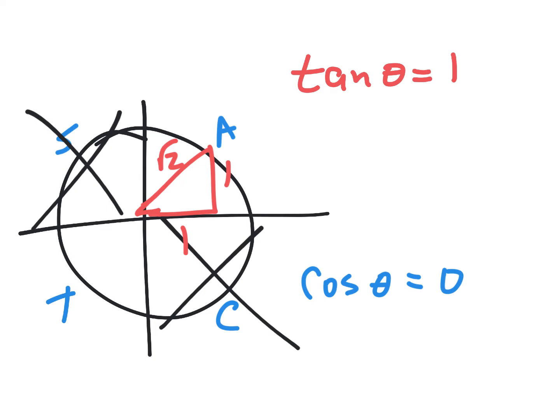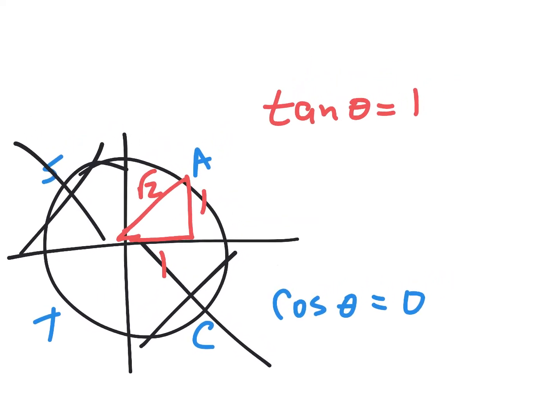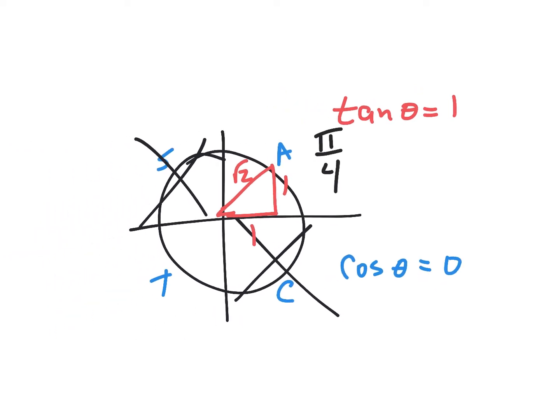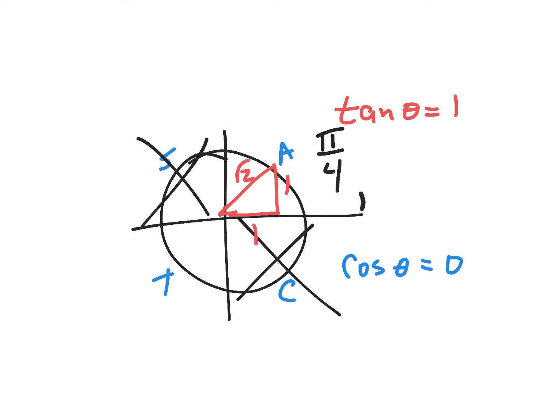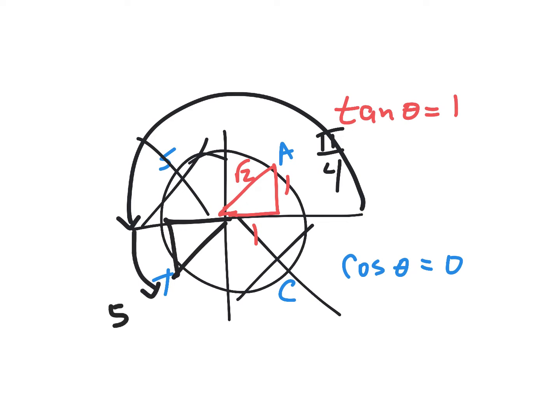You gave me only one answer though. Isn't there two answers? Yeah, it should be pi over 4 and 5 pi over 4. I like to count it up, 1, 2, 3, 4, 4 pi over 4, and then for this triangle, one more of those, 5 pi over 4. So those are your two answers, pi over 4 and 5 pi over 4.